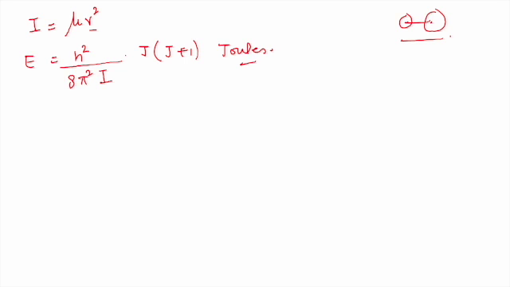Before that, let's write down what the individual terms in the expression mean. h is the Planck's constant. Pi is a constant value.